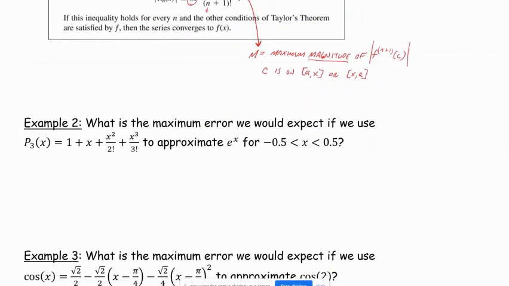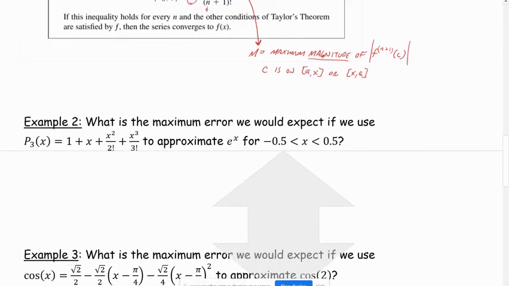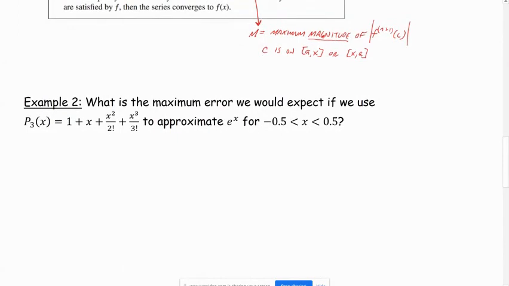And so for this series, this looks like the series for e to the x, and so e to the x is equal to 1 plus x plus x squared over 2 factorial plus x cubed over 3 factorial, x to the 4th over 4 factorial, going on forever and ever.